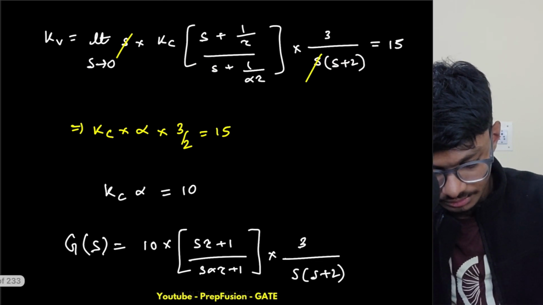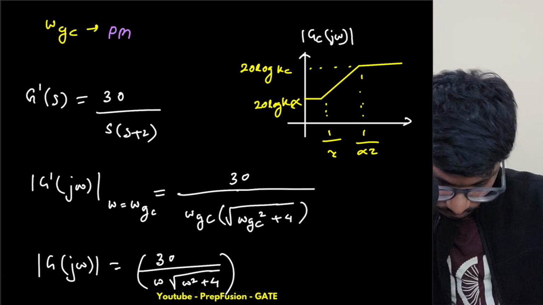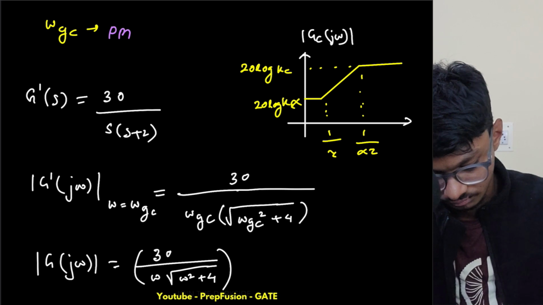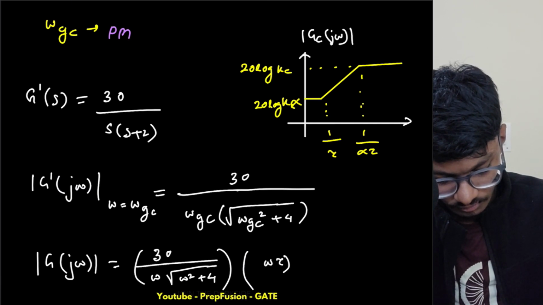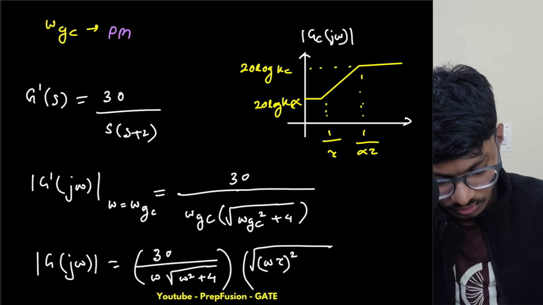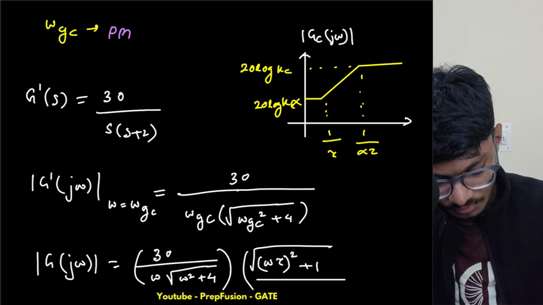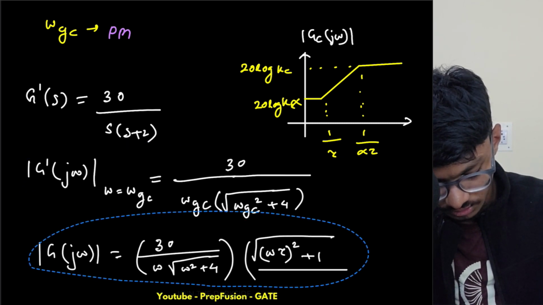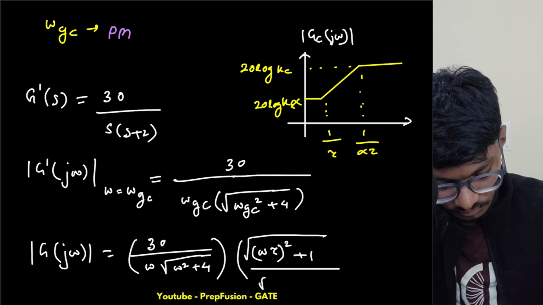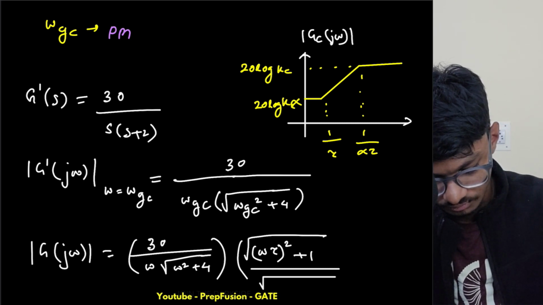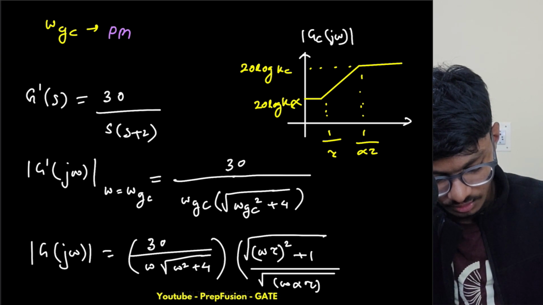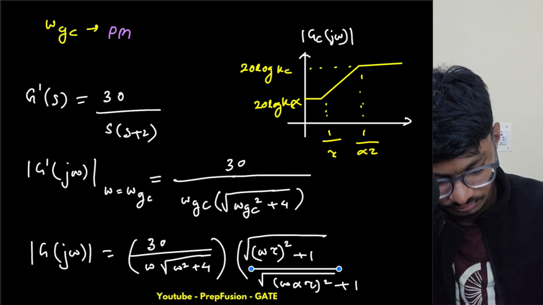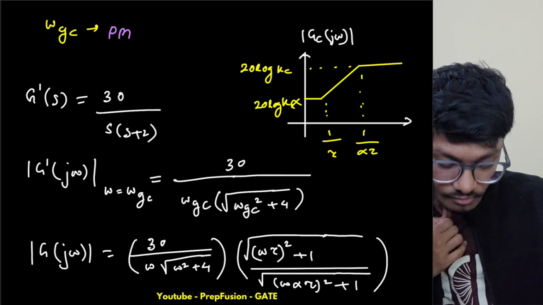Also this is included, so this is under root omega tau whole square plus 1, and omega alpha tau whole square plus 1. So basically I found this omega gc.